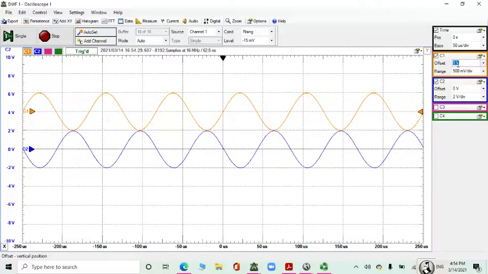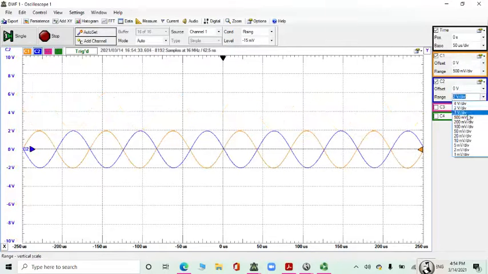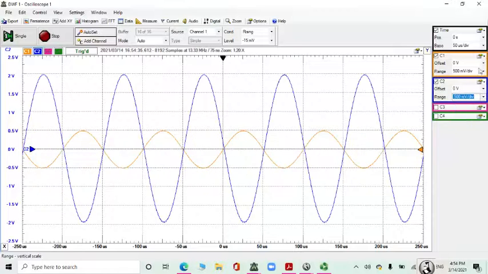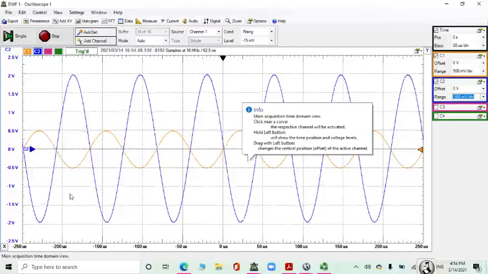Now we need the offset, and just keep this 500. You can see this is your input and this is your output. So it amplifies your input almost 4 times.